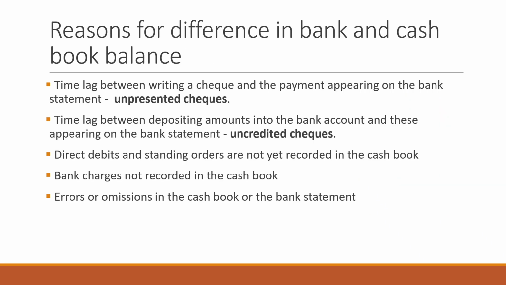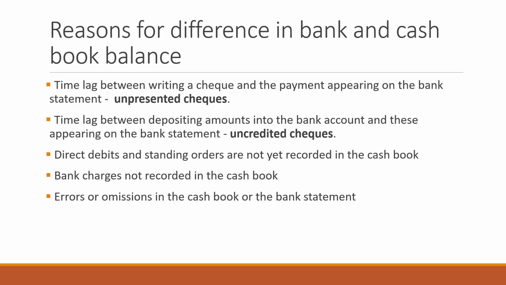So why do we make a comparison between the bank record and the cash book? There must be a difference between the bank and the cash book balances. In most cases, the difference is due to a time lag between writing a check and the payment, when the one who is to be paid brings that check to the bank.